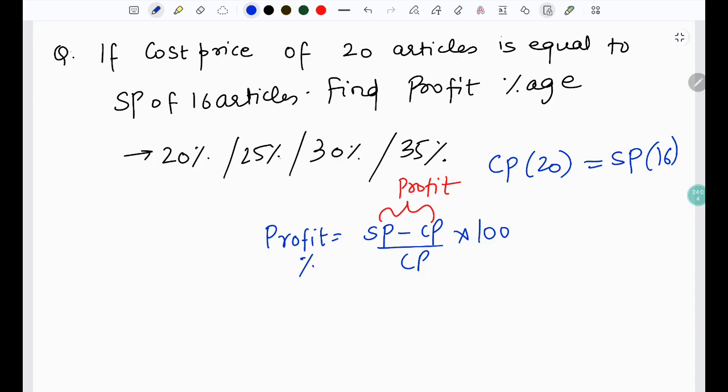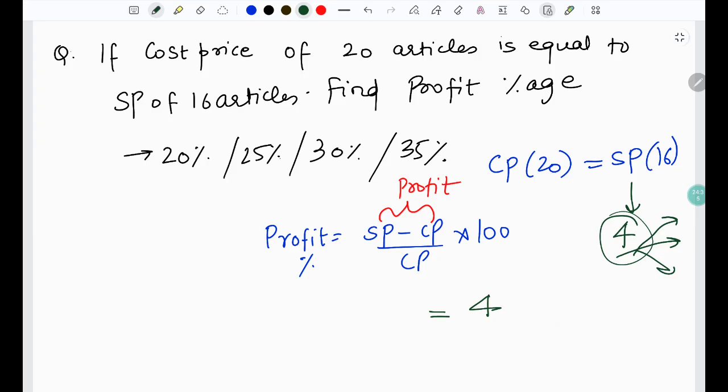What the guy is doing is that he bought 20 articles for a price, but he sold only 16 articles. So he has got a profit of 4 articles because he is still left with 4 articles which he can sell further. Therefore he has a profit of 4 units.